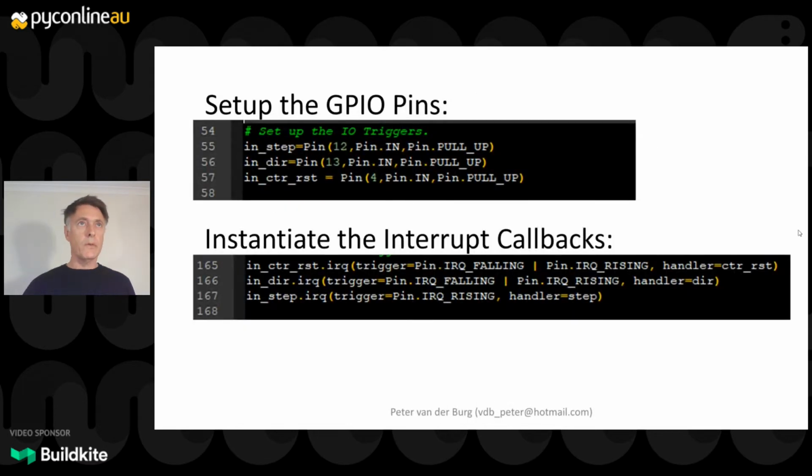And the code for that is when initializing the second microprocessor, we're setting the pins as inputs and instantiating the interrupt callbacks with functions as the interrupt handlers. So basically, the slave just starts up with the pins, and then once the interrupts have been instantiated, it just sits and waits for interrupts.